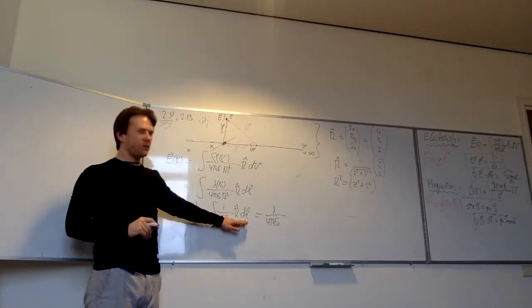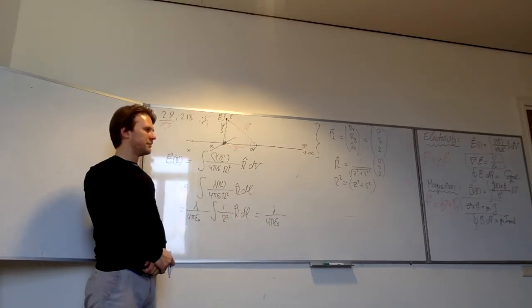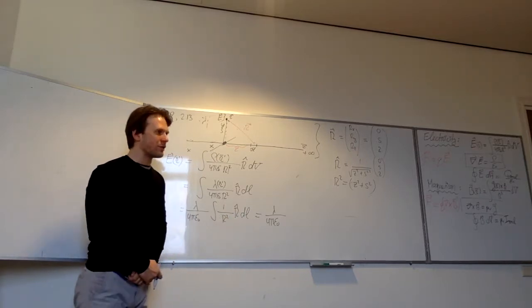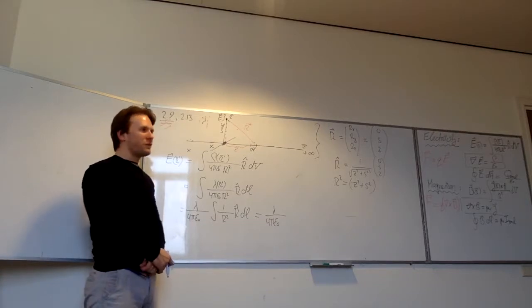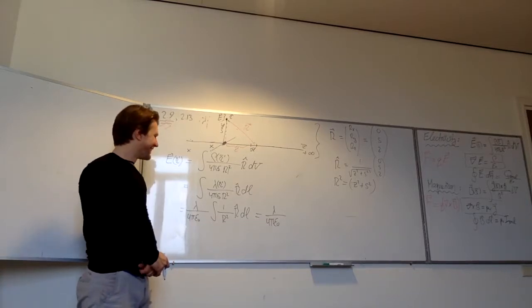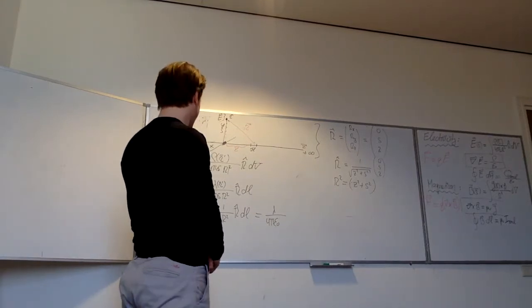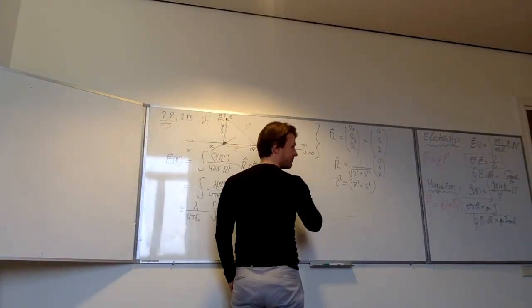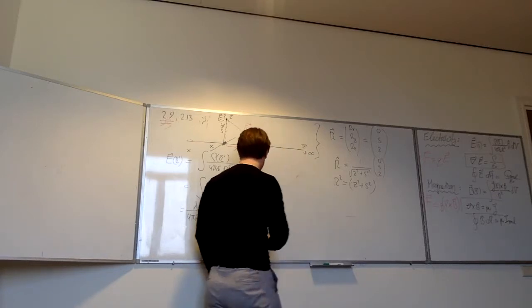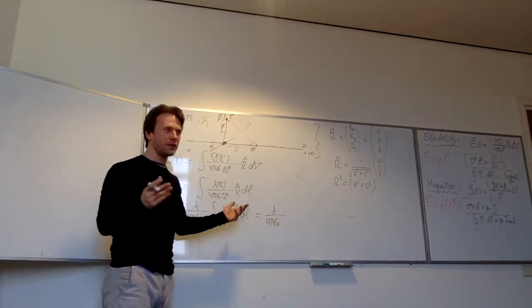One for the x direction, one for the y direction, and one for the z direction. So we have to do 3 integrations. One of them is going to be particularly simple. That's the X one, right? Yeah, it's 0. I mean, we're just going to add zeros together. Well, that gives a 0.